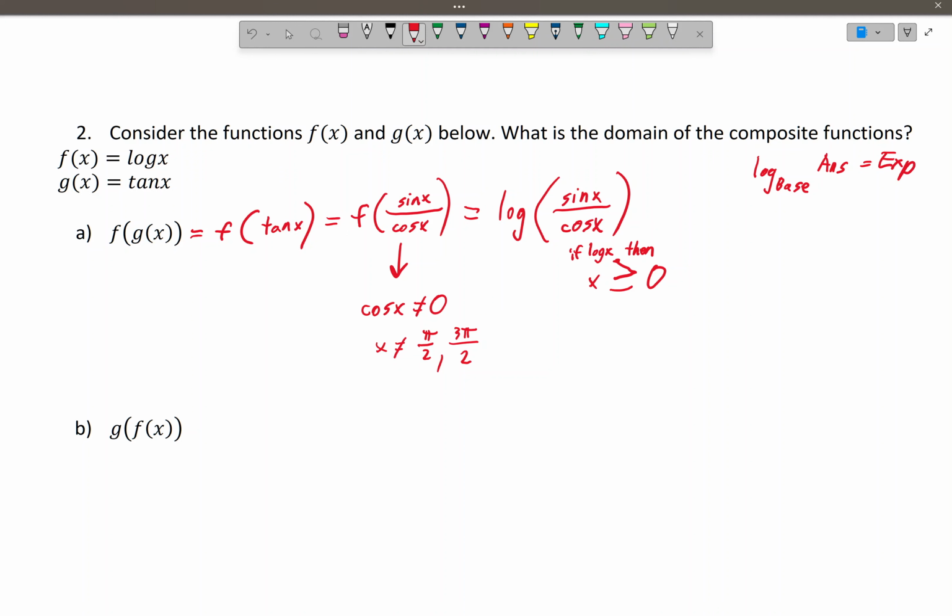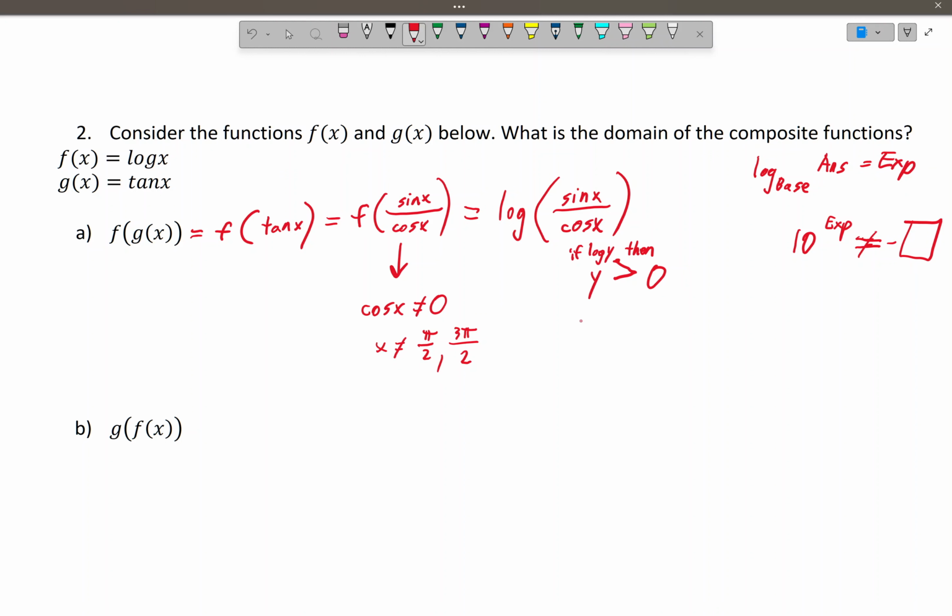Well, there's no way of having a base 10 and then having an exponent and then somehow getting a negative result. It's just not possible. So therefore, the inside must be greater than 0. I'm going to maybe use a different letter, log y.